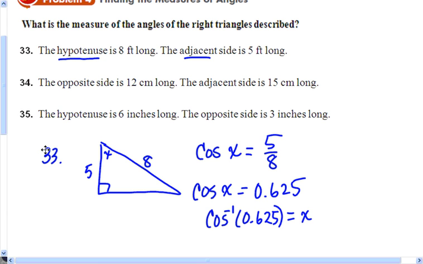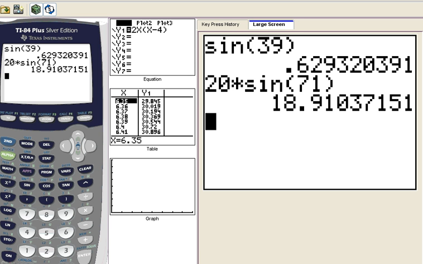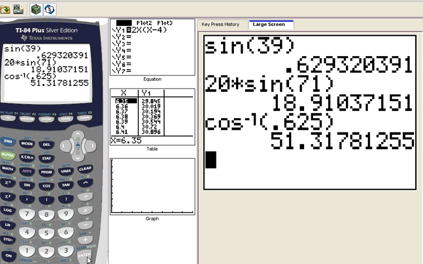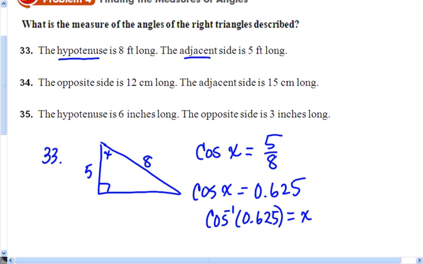And so on my calculator, what I'm going to do is press second cosine, put in the ratio, 0.625, and the calculator will give me the degrees, which is about 51, let's say 51. So x right here is about 51 degrees.